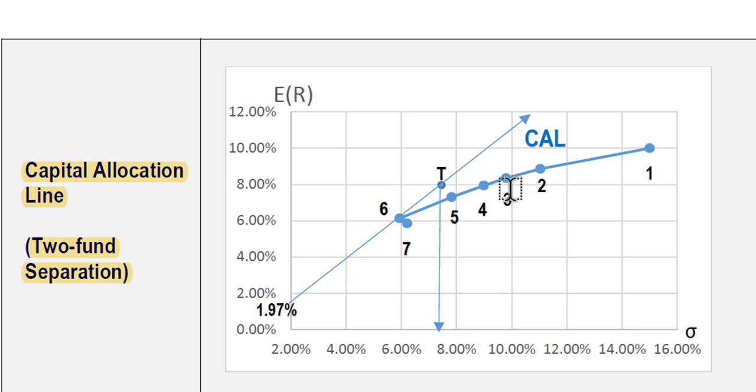Because 3 and 4 is not the best choice. 6 is better. Am I able to get the same target point of 8%? If I use a mix between 3 and 4, I get here, but my risk may not be the best one. I can reduce the risk by using portfolio 6.